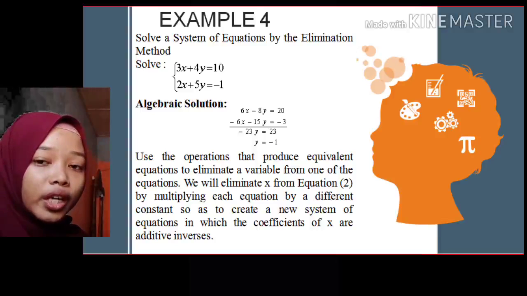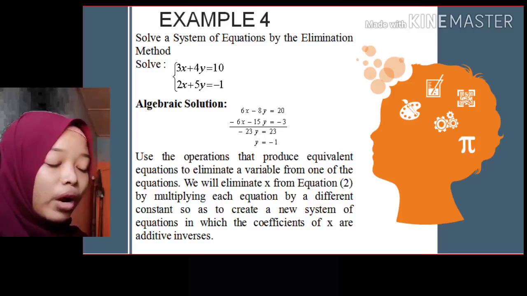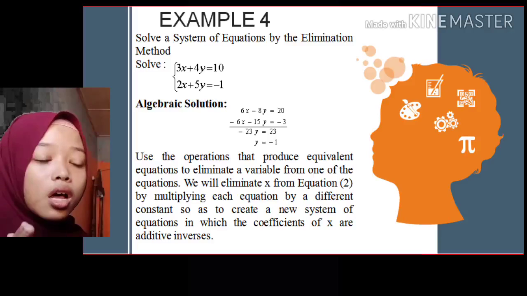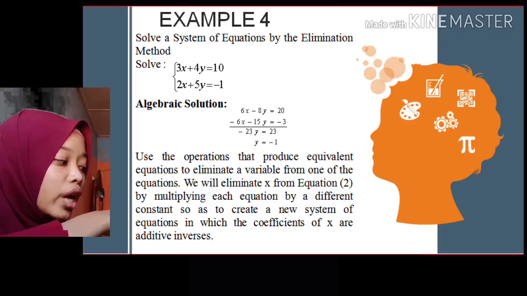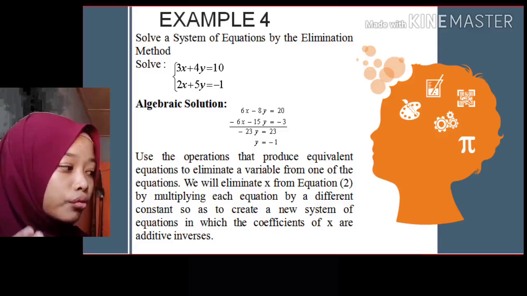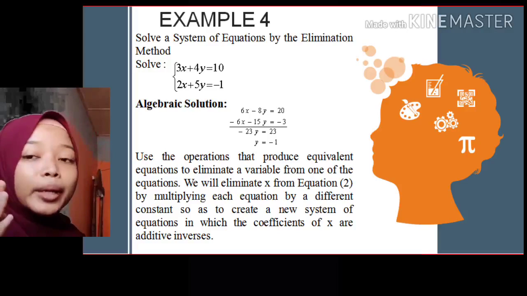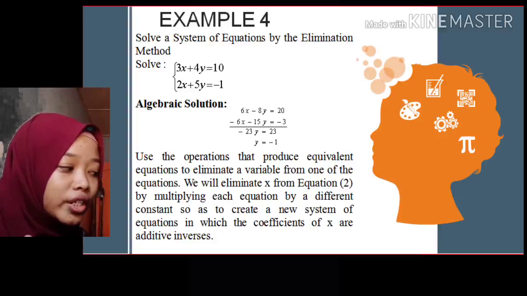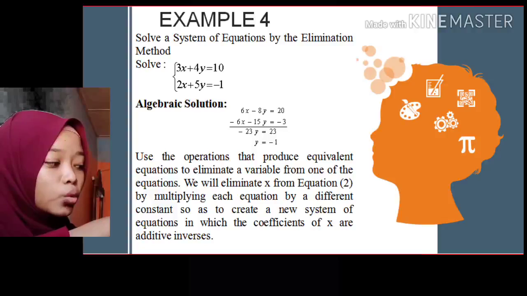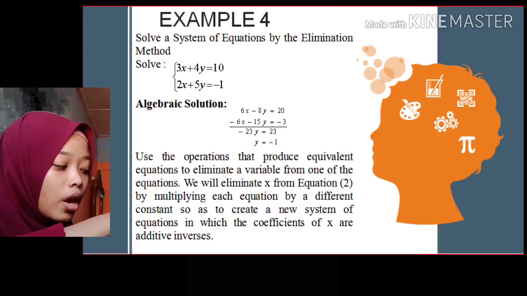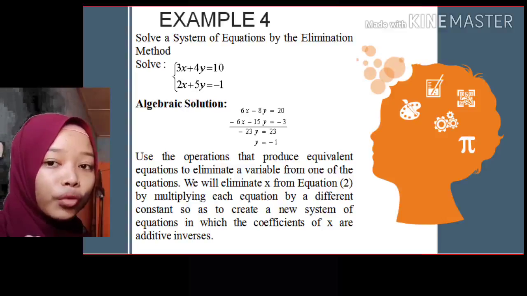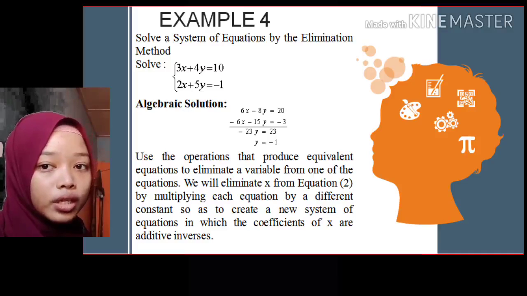Use the operation that produces equivalent equations to eliminate a variable from one of the equations. We will eliminate x from equation 2 by multiplying each equation by a different constant, so as to create a new system of equations in which the coefficients of x are additive inverses.